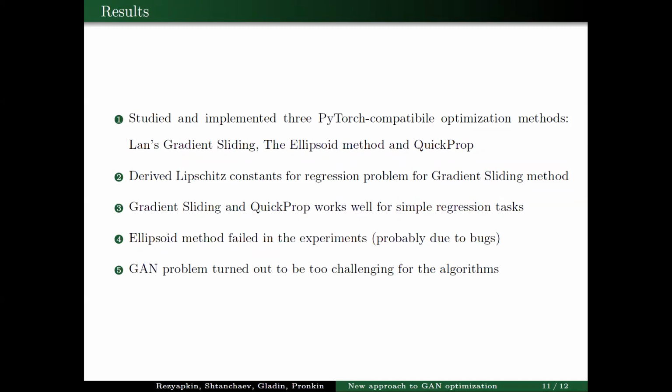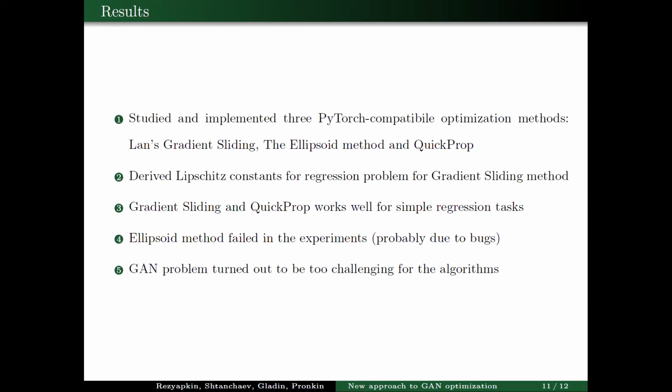Methods are gradient sliding, the Ellipsoid method, and Quickprop. Also, we derived Lipschitz constants for regression problem for gradient sliding method.